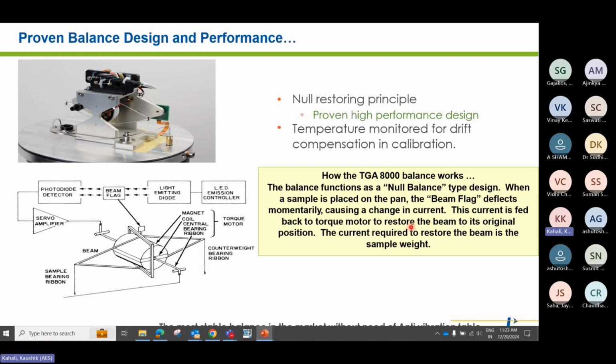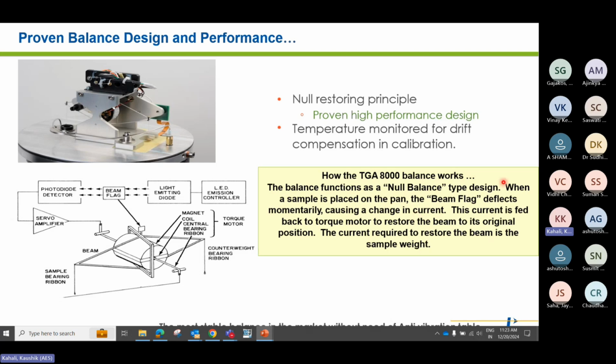So controlling the drift and calibrating the instrument properly for sample analysis is also very, very important. Here we are using this temperature monitor for drift compensation at different temperatures and doing the calibration accordingly during the installation. That is taken care of by our service team.